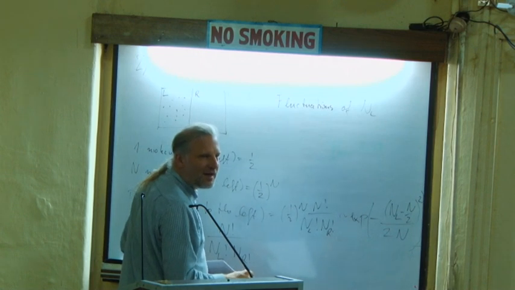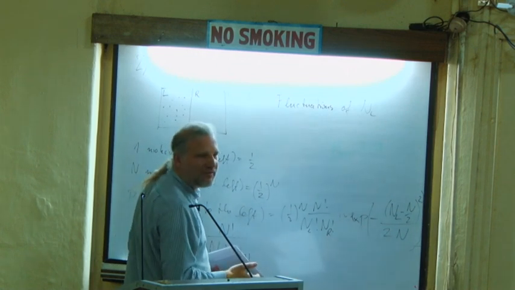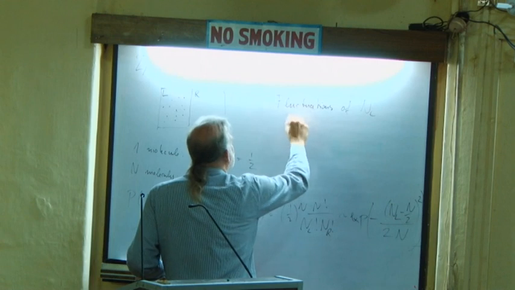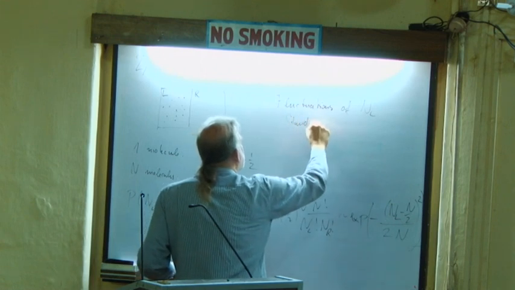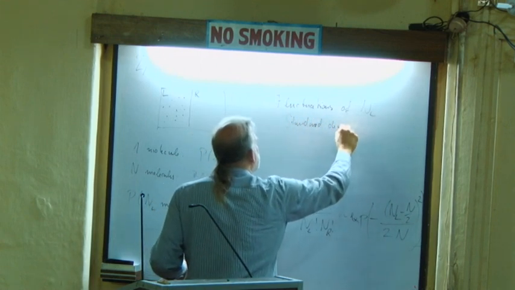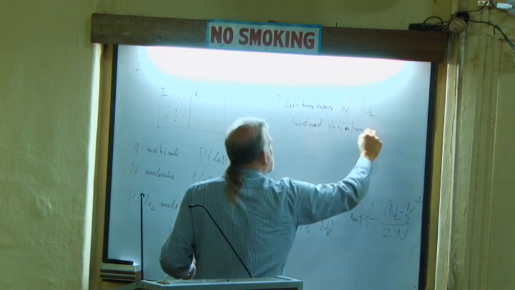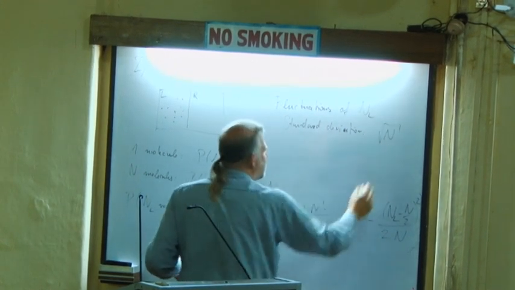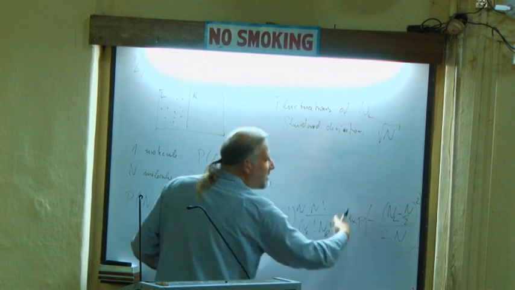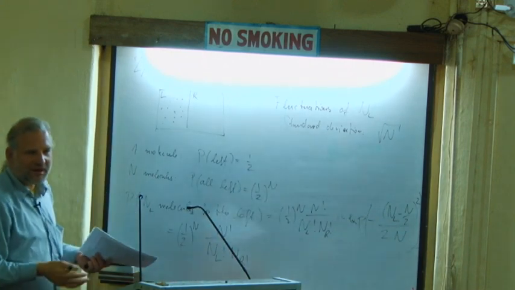More precisely, the standard deviation of NL is the square root of n, because this is the variance. The standard deviation is the square root of the variance.